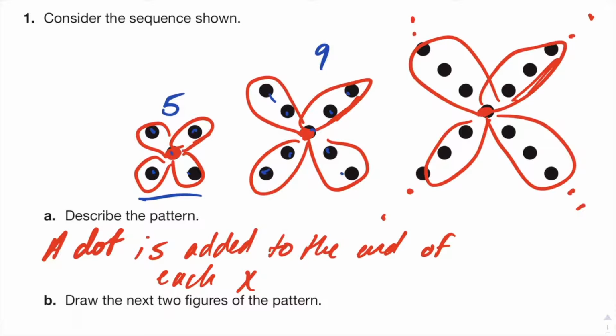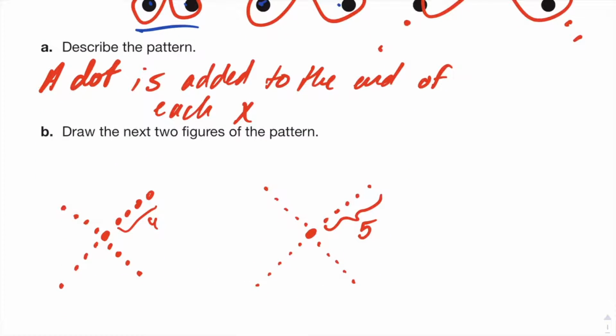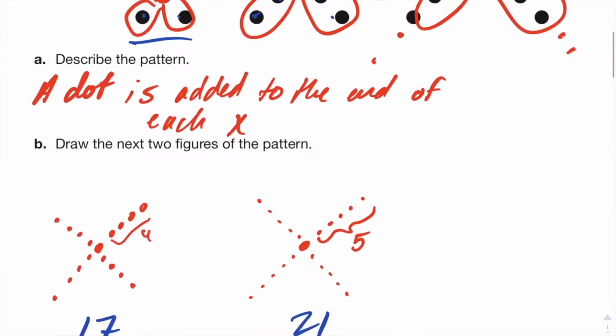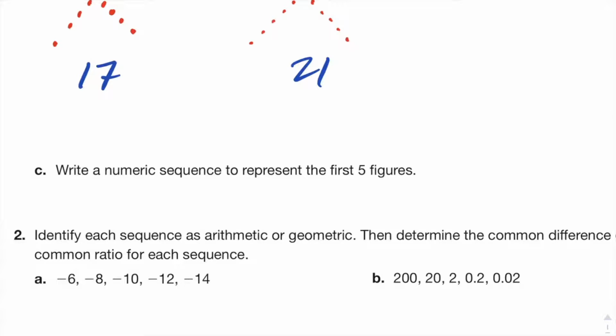And you can see it's growing up by 4. It's going by 4. So this is 13, 17, and 21. 5, 9, 13. There you go. Write a numeric sequence to represent the first 5 figures.